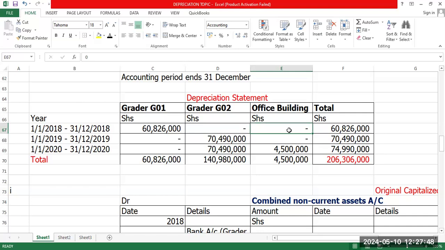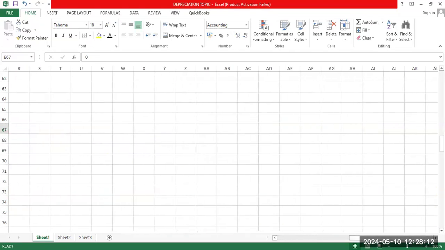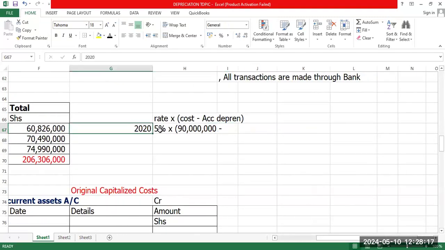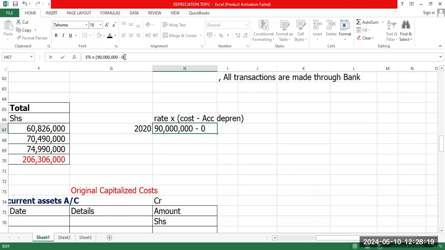If at all we had depreciation here and here, you sum up to get accumulated depreciation. But here we are looking for depreciation for 2020, and we don't have the previous depreciation. So here it becomes 0. Is it now okay? Yes, it is. Thank you.